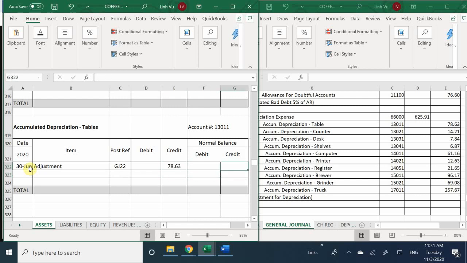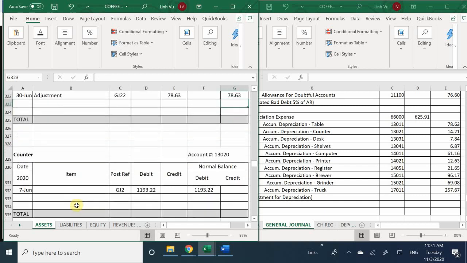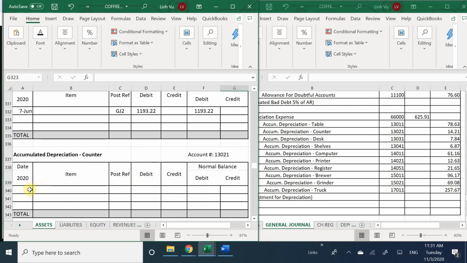Therefore, that's my beginning balance there. Okay, good. Same thing for my accumulated depreciation for the counter. 1421. Same as credit. Yep.